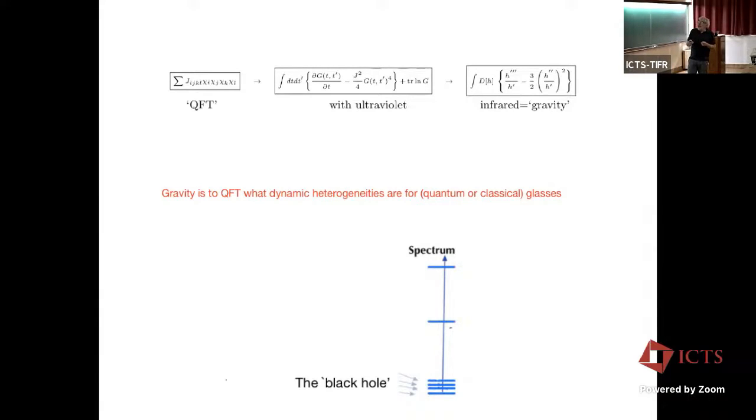Okay, and I didn't mention this before, but when you look at the spectrum of this theory, you can diagonalize it. The SYK model happens to have zero temperature entropy, so a lot of states that have very close to the lowest energy. And these, they tell us, are again the black hole.